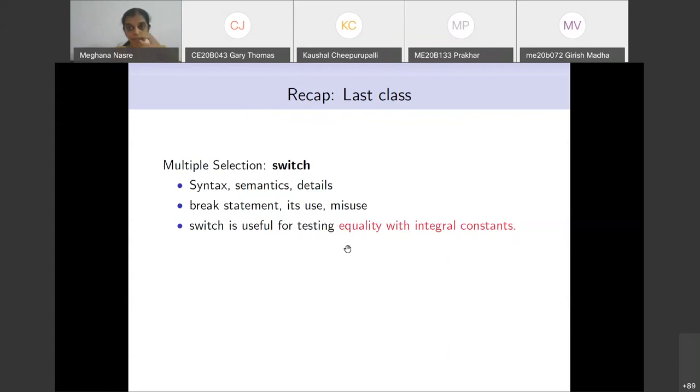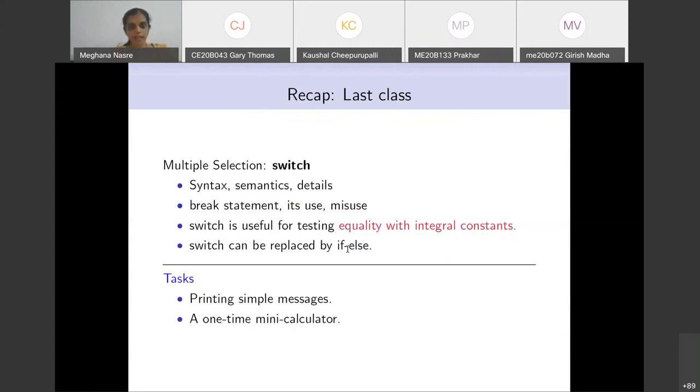This is also something that we emphasized in the last class. And what we did in the last class was, the first task was printing simple messages, which was a task from the previous week, which we had done using if and if else. And then we used the switch statement to perform the same task, or write a program for the same task.